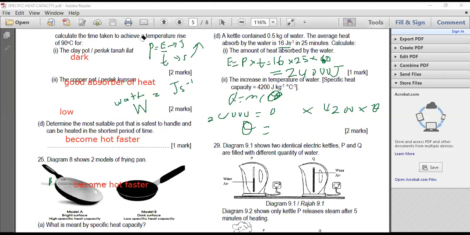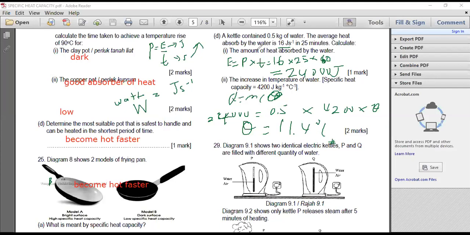The mass here is 0.5. So 24,000 divided by 0.5 times 4,200. You get 11.4. So this will be the answer.